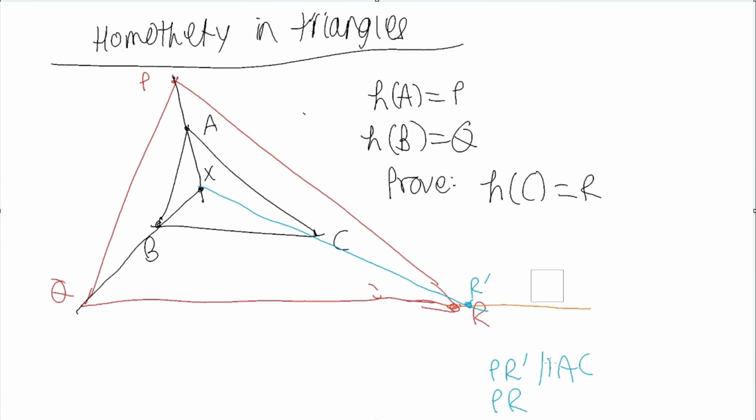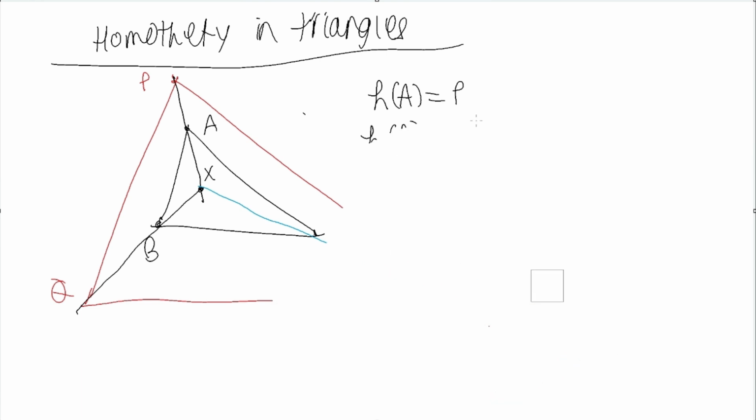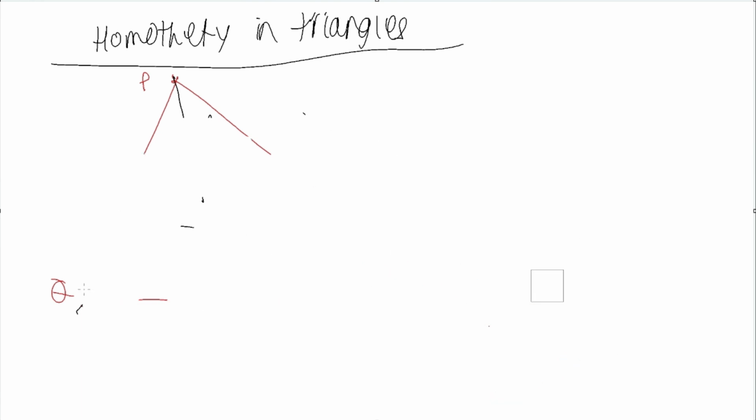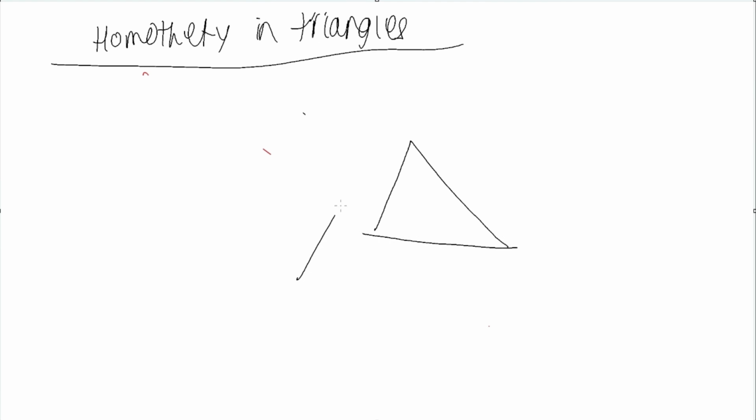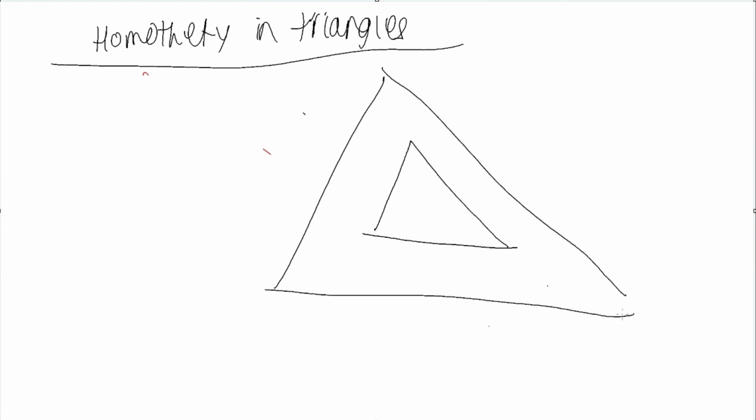So we can actually phrase this result entirely in terms of something without homothety. Suppose that we have two triangles, ABC and PQR out here. Then, because they all meet at the center of homothety, this line here and this line here are all concurrent.